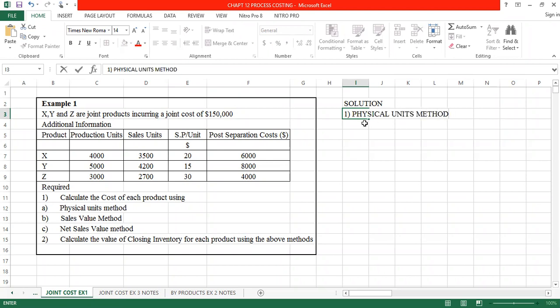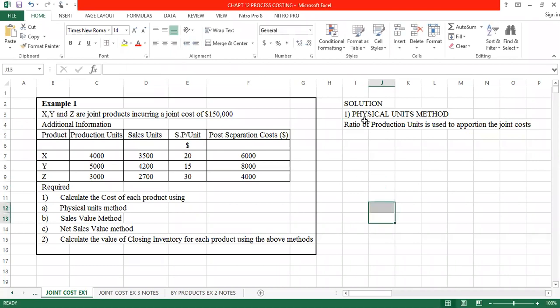So we said in physical units method, ratio of production units is used to apportion the joint costs. Joint costs. Please, let's be together here.